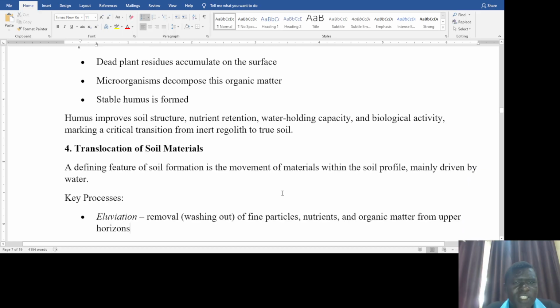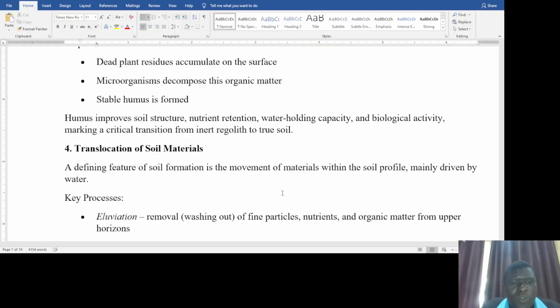Besides the accumulation and transformation of organic matter, we have the translocation or transportation of soil materials from one place to another, in the process leading to formation of true soil. And these processes are normally carried by agents such as water, wind, and ice or glacier.